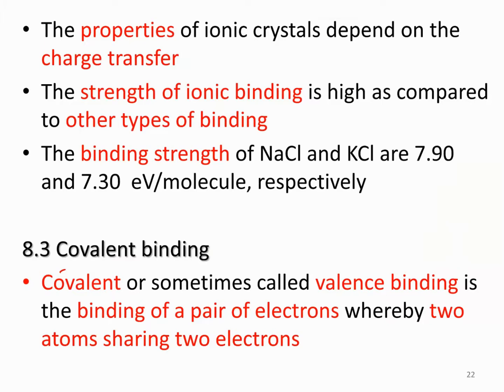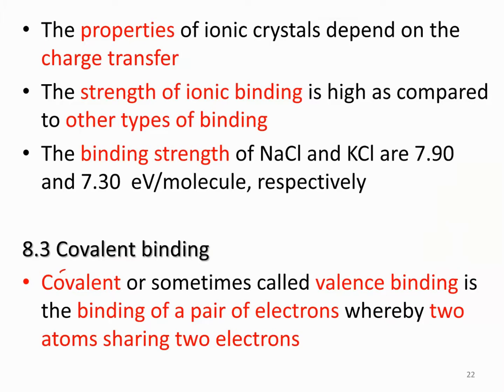The strength of the ionic binding is high as compared to other types of binding. Therefore, the ionic compound normally has a high melting point. The binding strength of sodium chloride and potassium chloride are 7.9 and 7.3 electron volt per molecule respectively.